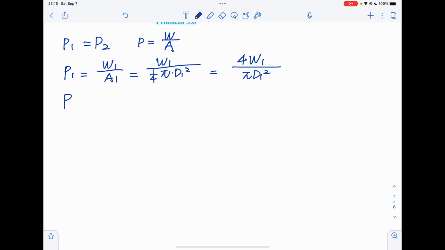For P2, we will do similar things: W2 over area 2 gives us 4 W2 over pi D2 squared.